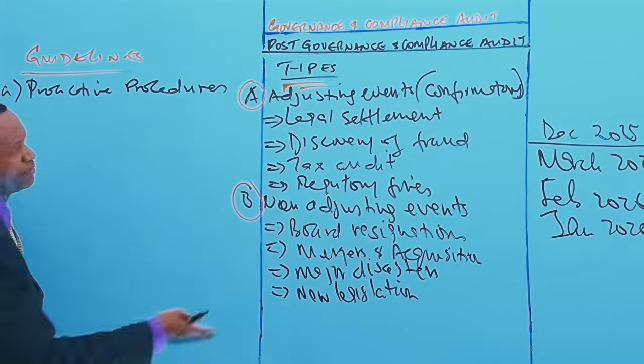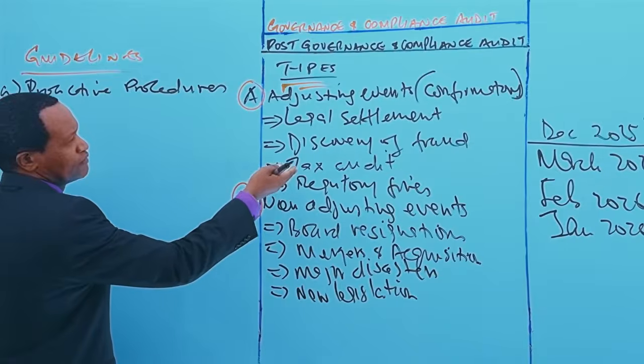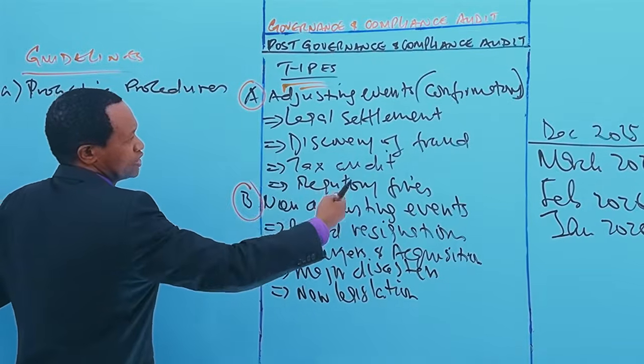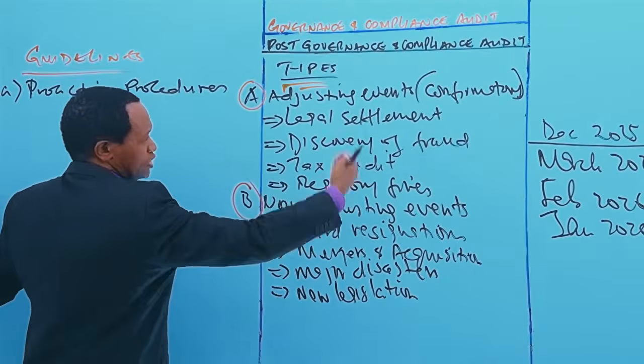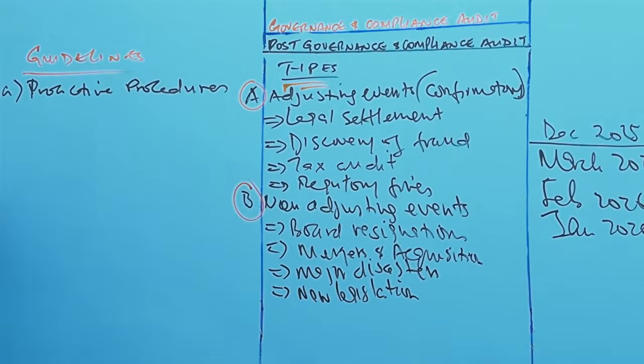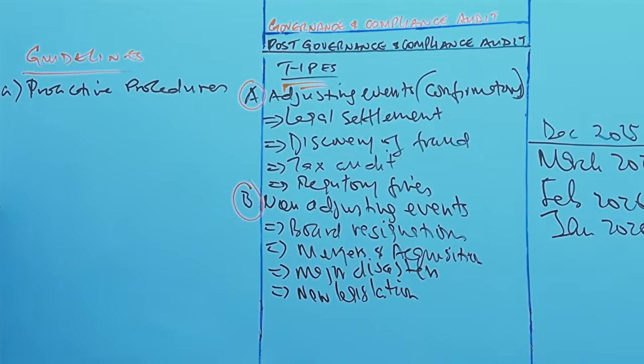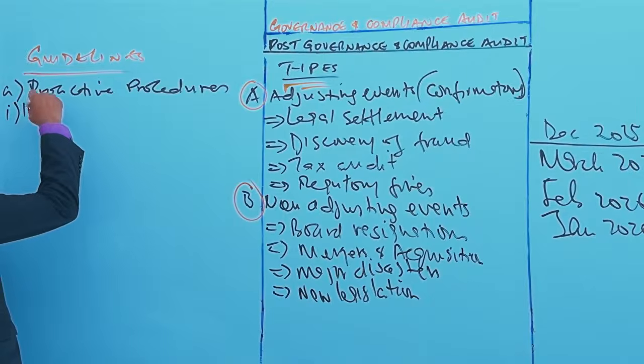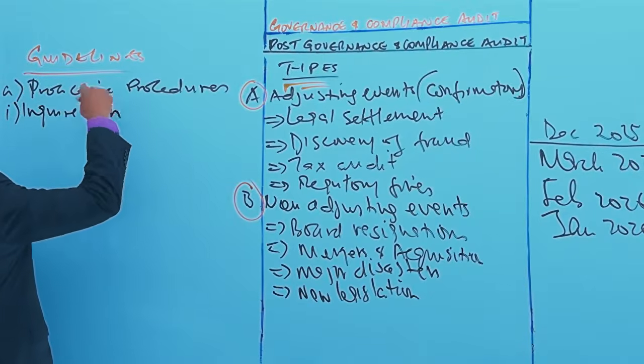But you've seen there are some events that may occur, like the adjusting events, which may force you as an auditor to adjust your audit opinion. So that's why you have to be proactive. As the report date approaches, as an auditor, you should, one, inquire with management.